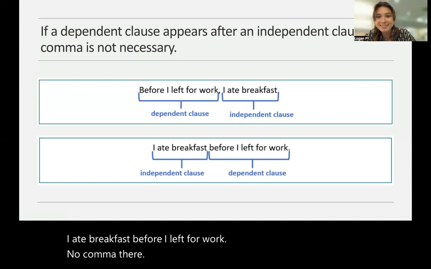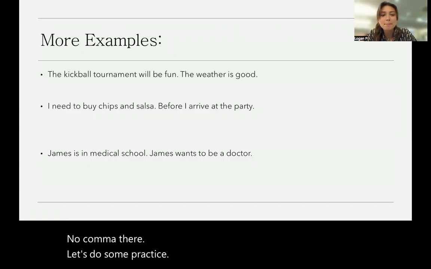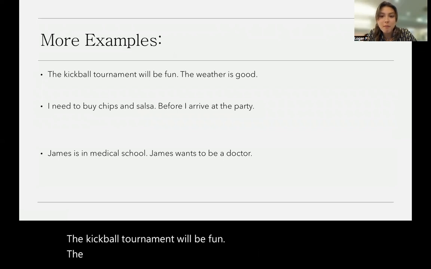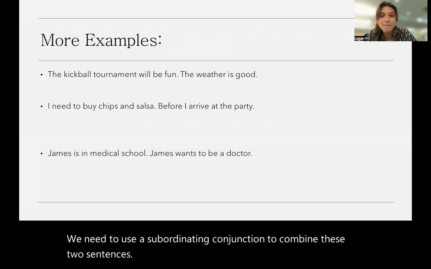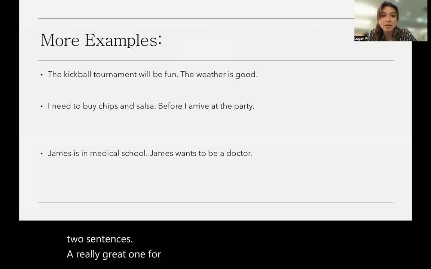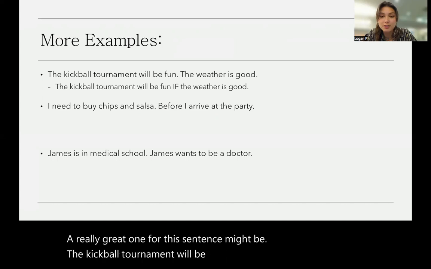Let's do some practice. The kickball tournament will be fun. The weather is good. We need to use a subordinating conjunction to combine these two sentences. A really great one for this sentence might be, the kickball tournament will be fun if the weather is good.